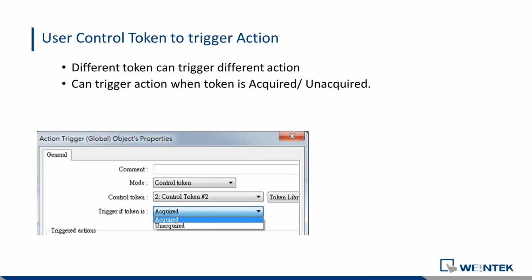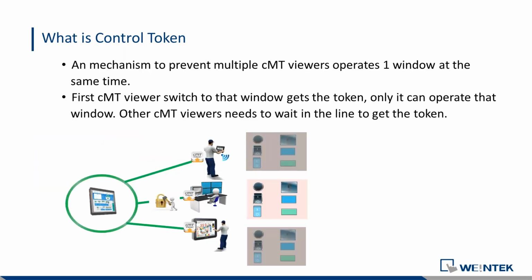And this action can be triggered when the token is acquired and unacquired. All right. But first, I think that most of the people here are not familiar with what control token is. It is actually an old feature in our previous CMT model. This feature already existed.